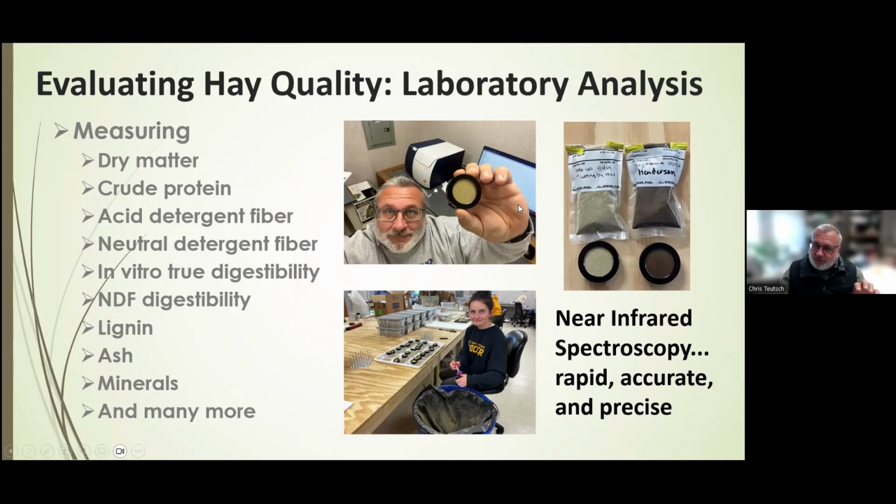It shines light in the near-infrared spectrum, and it measures what gets absorbed and what gets reflected back. From that, we can develop equations to predict all these different parameters that you'll see on a forage test. It's very accurate, very rapid, and very precise. So it's a great method of analysis. And again, about 90% of the samples in the United States get analyzed with near-infrared spectroscopy.